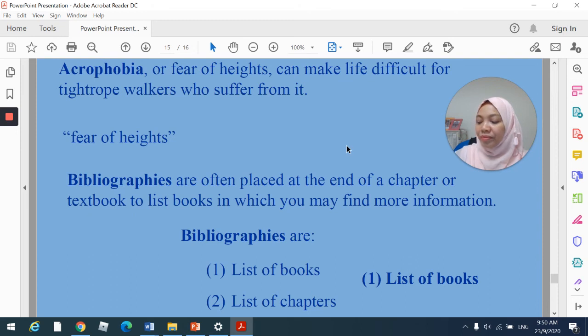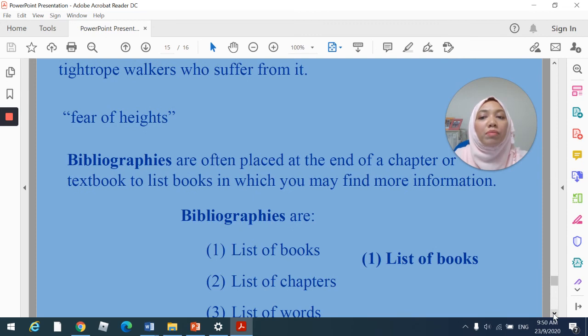People who fear heights cannot be at a high place. Bibliographies are often placed at the end of a chapter or textbook to list books in which you may find more information. So you know bibliographies are lists of books in which you may find more information.